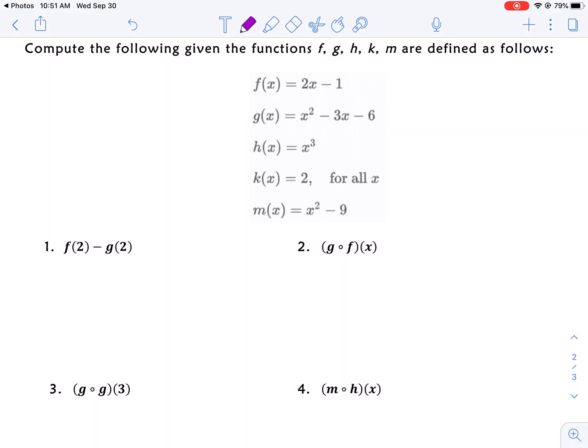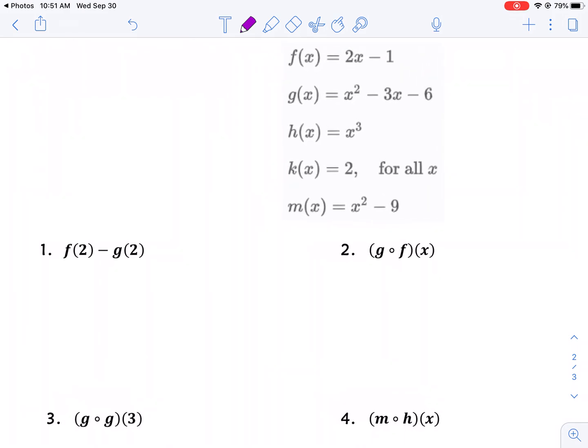It's important to stay organized. I'm looking at the f of 2. That means right here, I'm inputting a 2. So I'm going to look at that. It means a 2 goes here. That's 4 minus 1. That's 3. Then I'm taking away g of 2. Well, here's the g function.